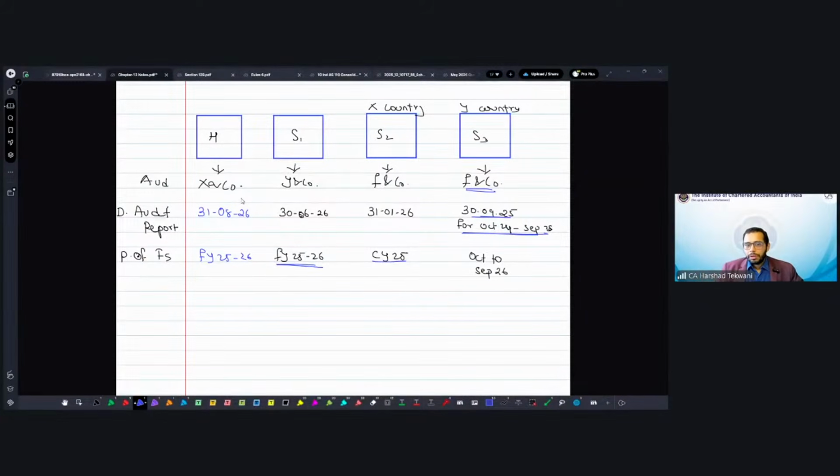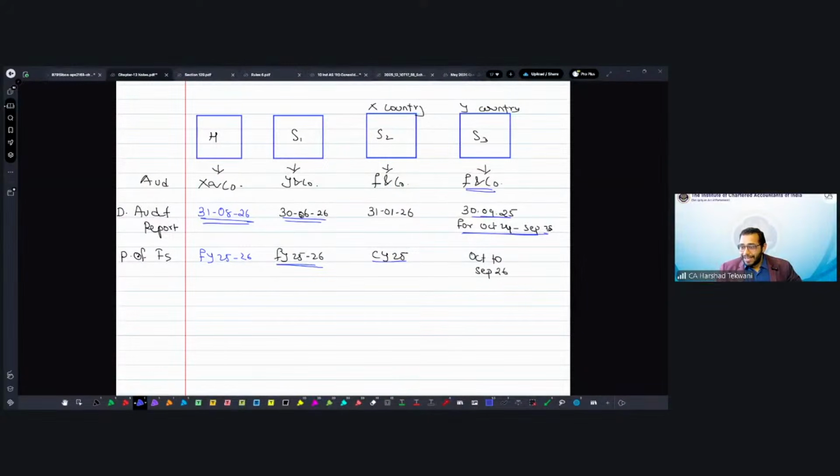Here, from the close of financial year, that is 31st March 26, till the date of signing of audit report, everything is considered. But I, as an auditor, as a principal auditor, need to consider all events till this date. This is the tentative date of signing of audit report. That's what SA 560 says, yes or no? So subsequent events is something from the close of financial year to the date of signing of audit report.